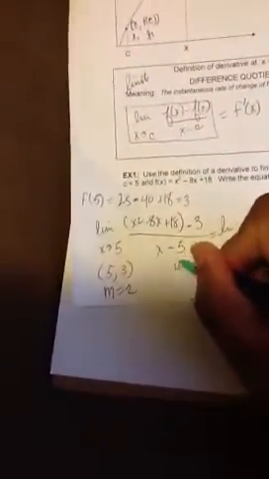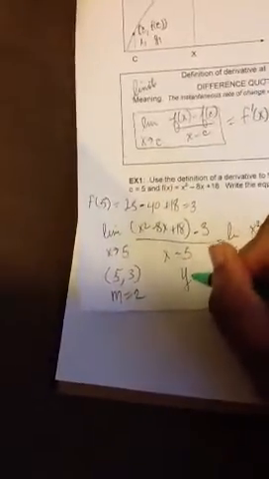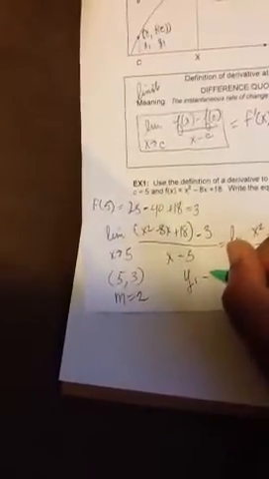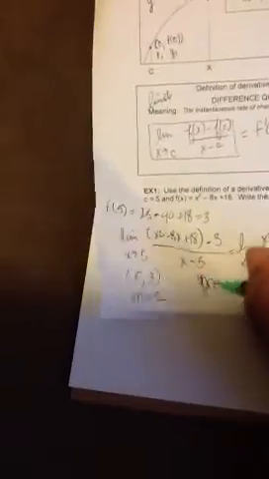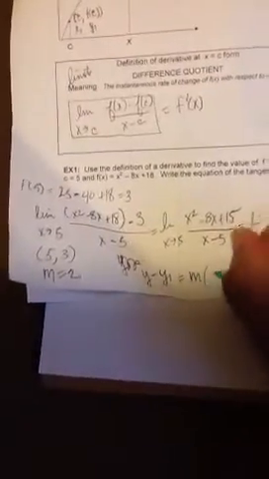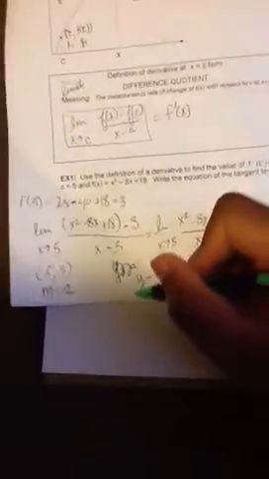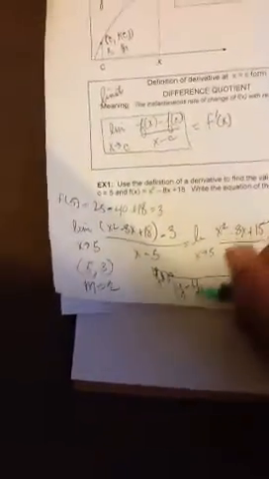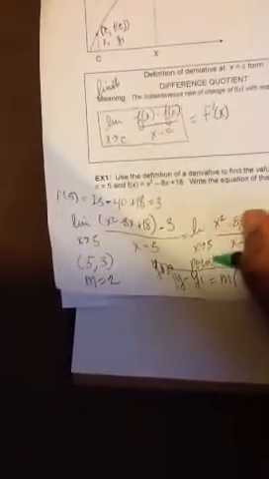So going back to geometry, when you talked about the point slope form, y minus y sub 1 equals m times the quantity x minus x sub 1. If you don't remember that, that is the point slope form.